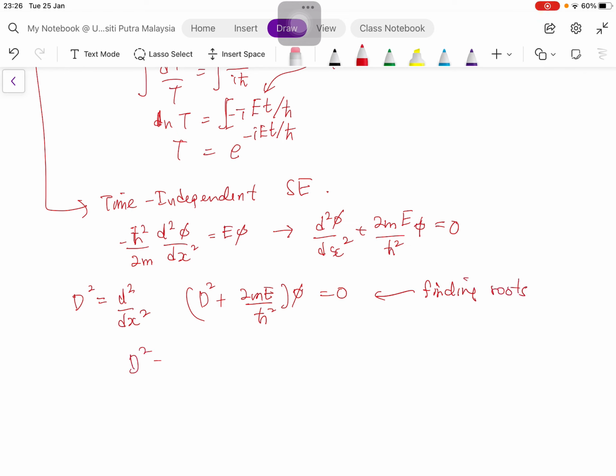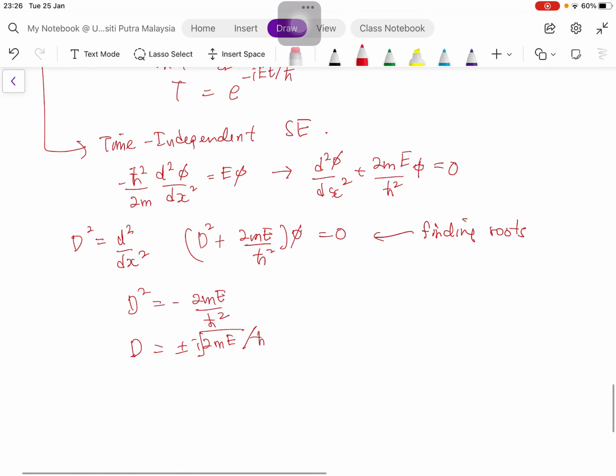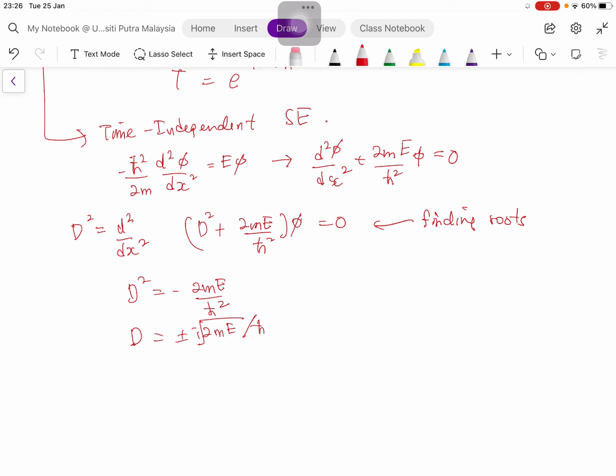Finding roots, so what do you get? You have D² equals minus 2mE over h bar squared, and your D is plus or minus i times the square root of 2mE over h bar squared. In the book they substitute k² equivalent to 2mE over h bar squared.